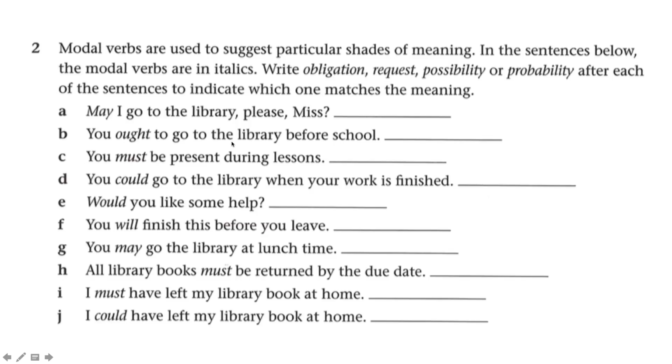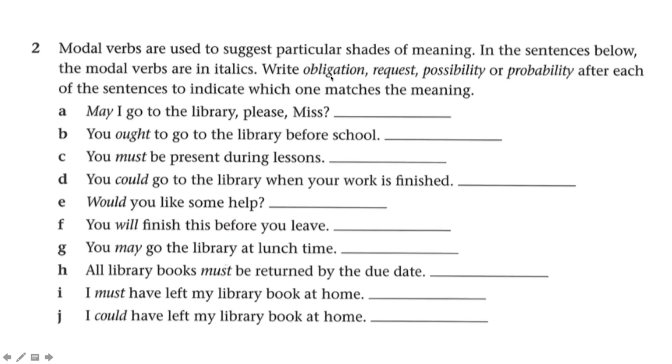In the next one here, we can see that it requires a little bit more information. So what you might like to do here is just listen to the instruction and I'll show you what you need to do. Modal verbs are used to suggest particular shades of meaning. In the sentences below, the modal verbs are in italics.